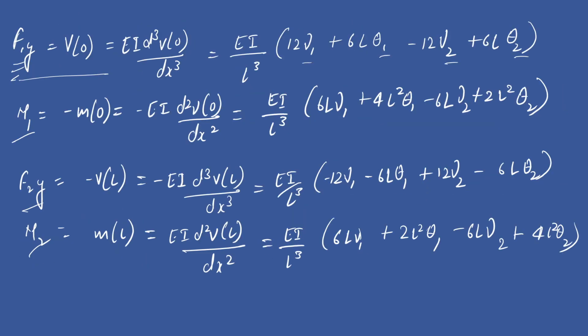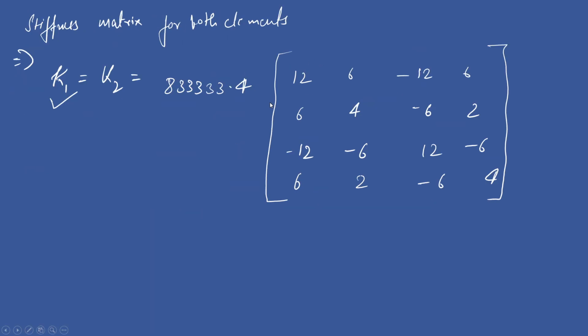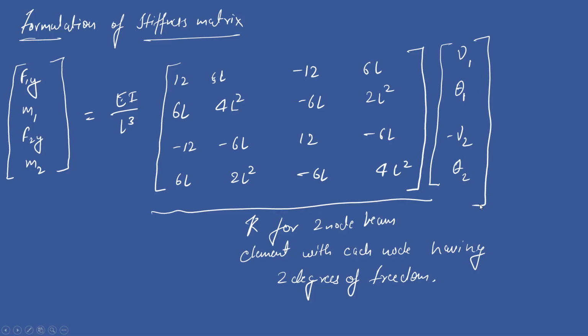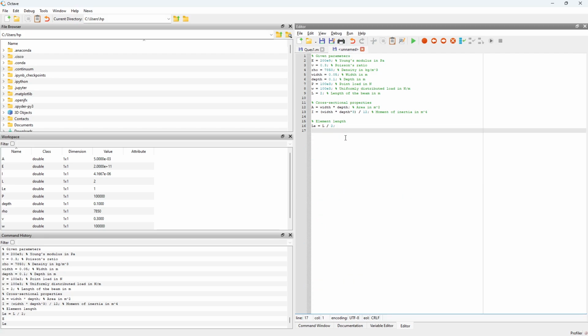This is your stiffness matrix at the local level, so EI by L cube, 2L, 6, minus 12L, and so on. That's the displacement vector, this is your force vector, and this is your stiffness matrix. You can copy it here and paste it here.